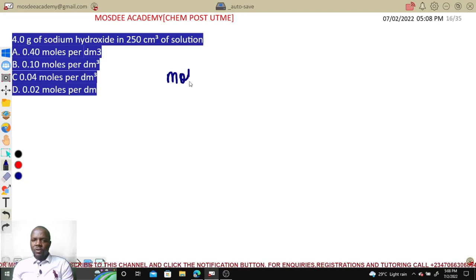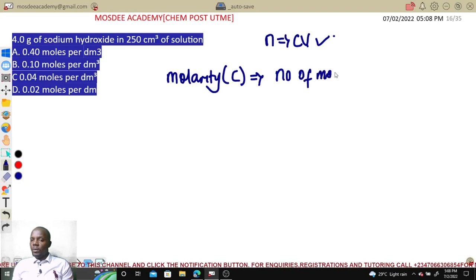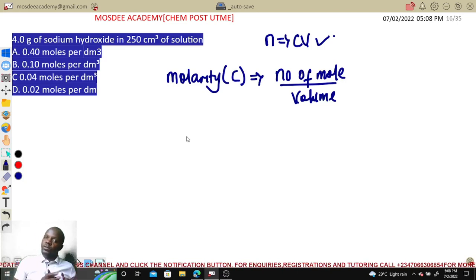The molarity of a solution is written as C. The simplest formula is C equals number of mole of solute over volume of solution. That is the molarity, also called the concentration. You also have molality, which is number of mole of solute over the weight of the solvent. Don't worry about molality now, because it is not required for post-UTM students.